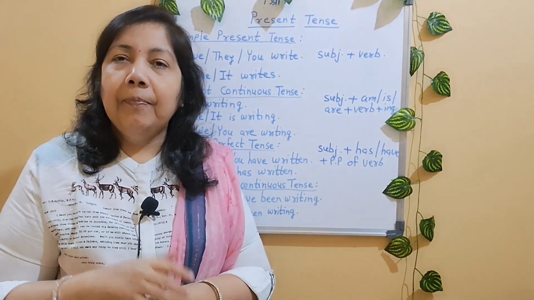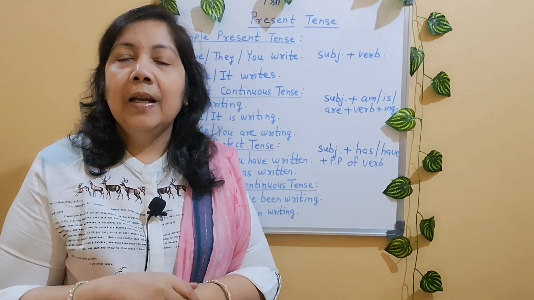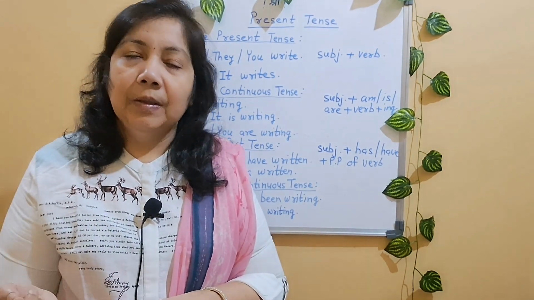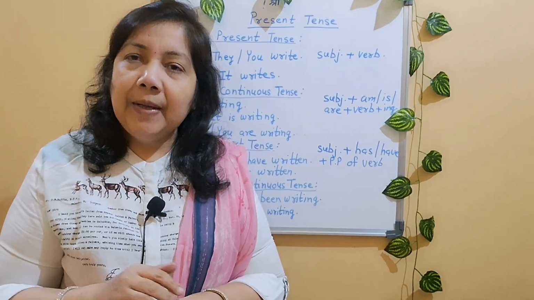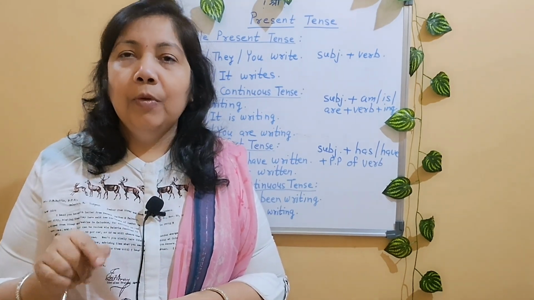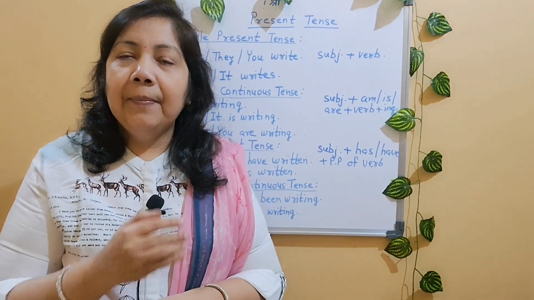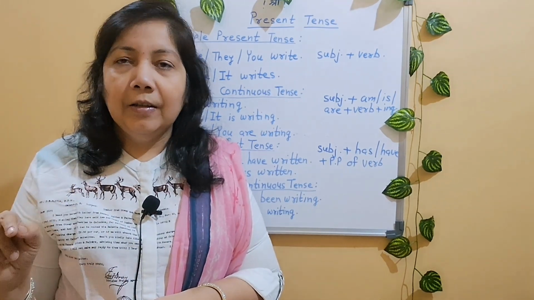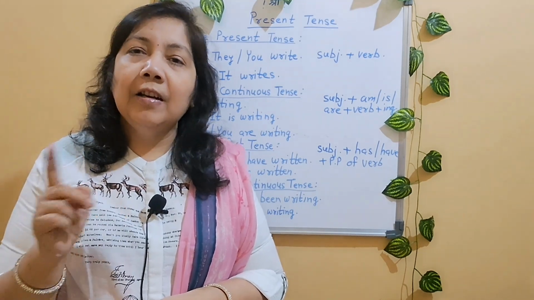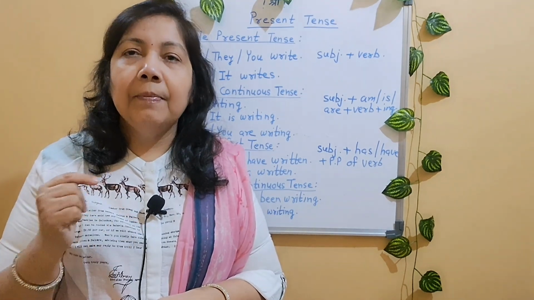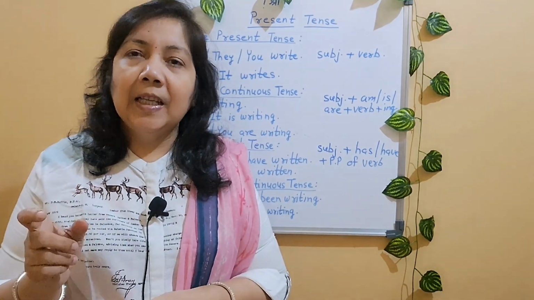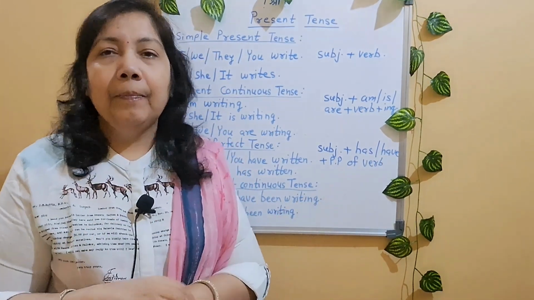Subject comes first, has comes or have comes, pp, that is past participle of the verb. Past participle means the third form of the verb. For example, now write is our verb here. Write, wrote, written. Written is the third form, that is the past participle of the verb. In short form, past participle is written as PP.